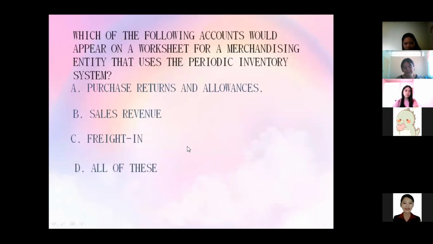Next. Which of the following accounts would appear on a worksheet for a merchandising entity that used the periodic inventory system? A. Purchase return and allowances. B. Sales revenue. C. Freight in. D. All of these.